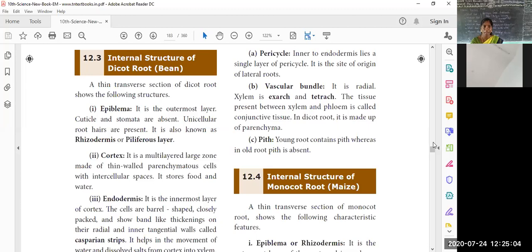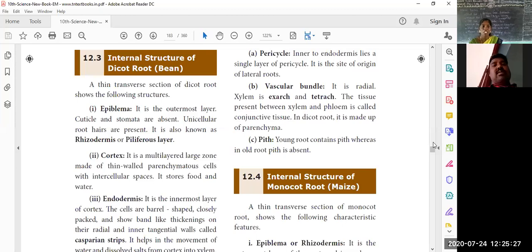In the cortex region, mainly parenchymatous cells are present. This region has intercellular space, which means the space present between the cells. It stores food and water. In this region food materials are stored.